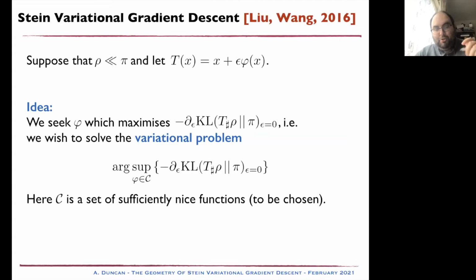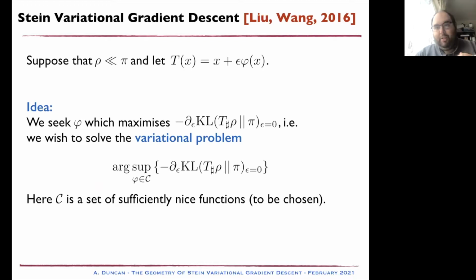And so rather than trying to minimize directly the KL divergence, they said, okay, let's find the vector field which maximizes the rate of decrease of Kullback-Leibler divergence between the pushed forward distribution and the target distribution. We will look in some class C of sufficiently nice functions, to be chosen in a bit, and so the resulting variational problem becomes this.